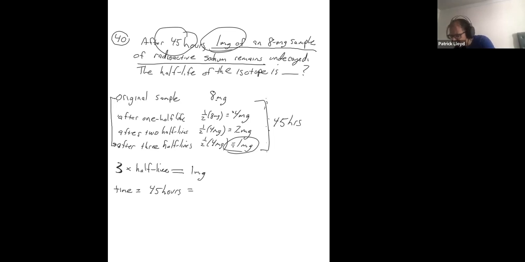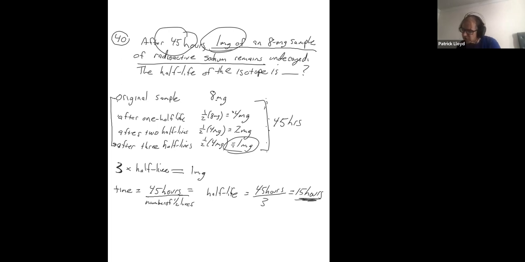So if we take our total time and we divide that by the number of half-lives, that's going to give us the half-life. Okay, so that'd be 45 hours over 3, and that would give us 15 hours.